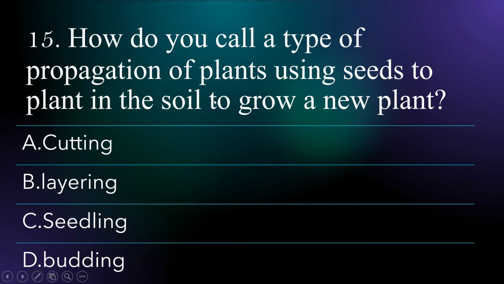Okay, you use seeds to plant in the soil. How do you call that method of propagation? A. Cutting. B. Layering. C. Seedling. D. Budding. Okay.